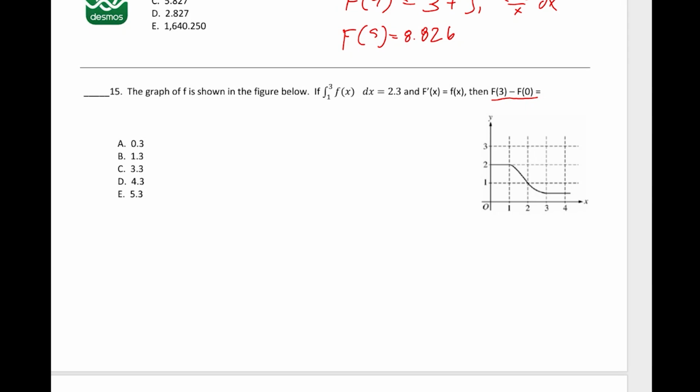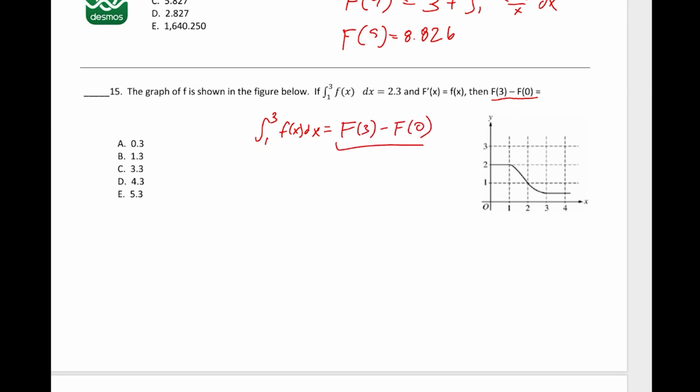Well, since the derivative of capital F is little f, then that means that capital F is the antiderivative of little f. So the integral from 1 to 3 of little f of x dx is equal to its antiderivative at 3 minus its antiderivative at 1. So the antiderivative is capital F. So that'd be capital F of 3 minus capital F of 0.